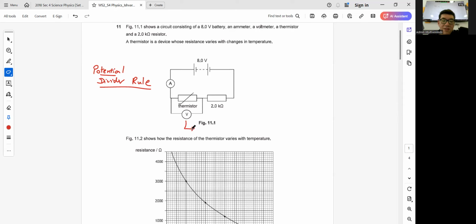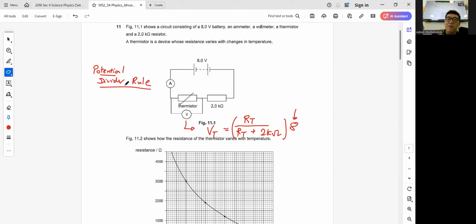The V here, let's call it VT lah. The potential difference of the thermistor is equal to the resistance of the thermistor divided by the resistance of the thermistor plus the 2 kilo ohms, multiplied by 8 volt, the total potential difference that you have.